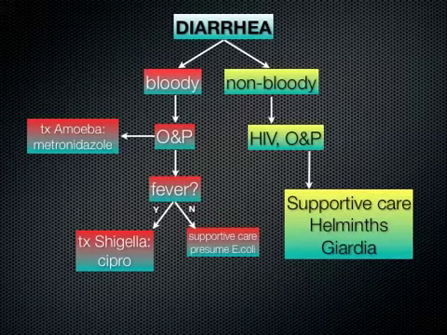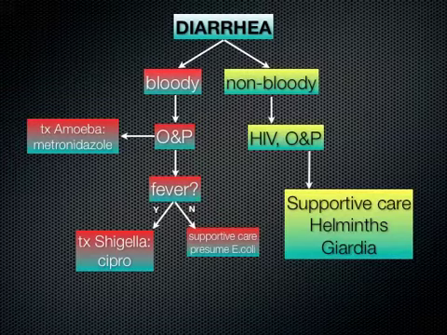And then the other things you're going to think about are, could this be a helminth? Could this be Giardia? Do you need to worry about it? Usually not. Most of the folks who live in these areas all have helminths, they all have Giardia, and it doesn't really cause anybody any problems. It's more you or your Peace Corps friends who are going to end up with the problem. Okay, so that's diarrhea. Bloody, non-bloody, treat the causes of bloody when appropriate. Non-bloody, generally focus on hydration status for both.